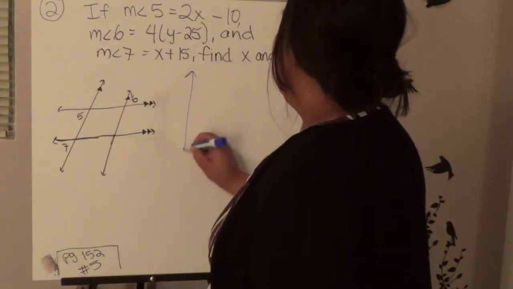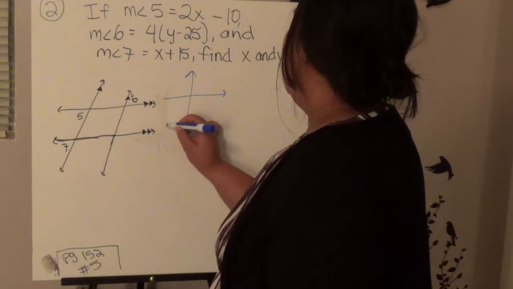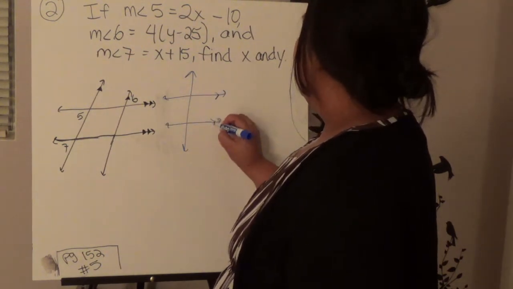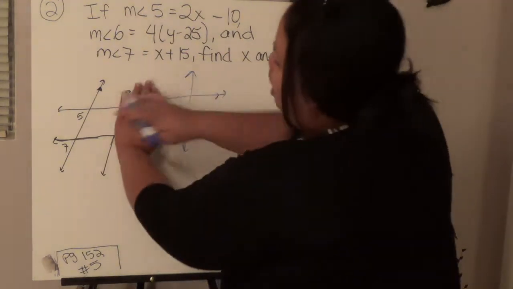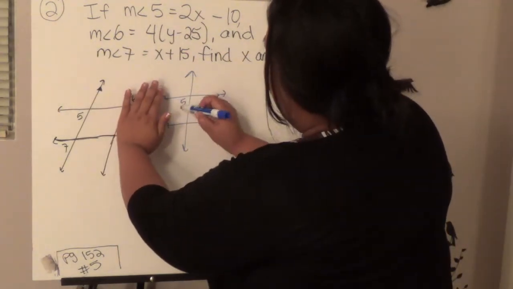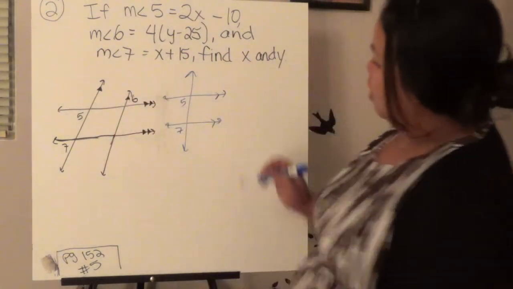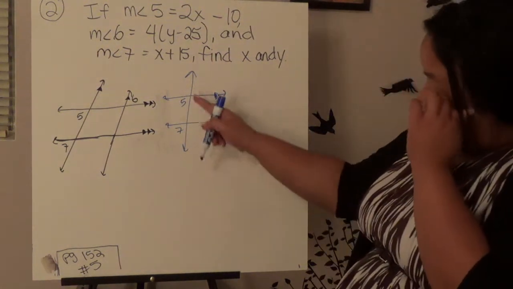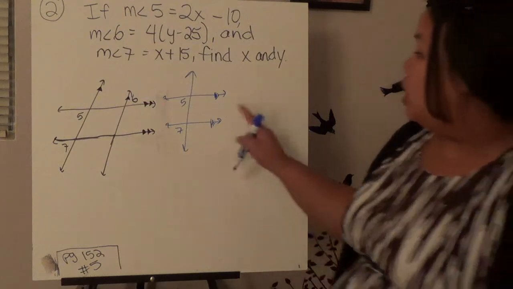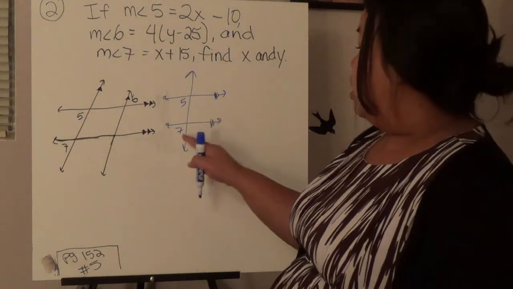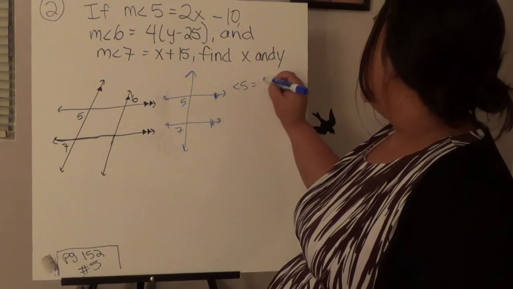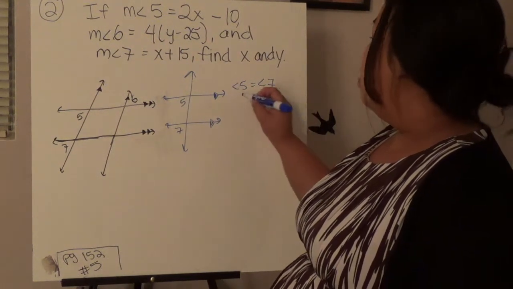If I know that this is my transversal, and these are my lines, so I'm just drawing this half right here, and this is 5 and 7. If I know that this is 5 and 7, how are they related? Well, this is the bottom left, and this is the bottom left, so angle 5 equals angle 7 because they're what?